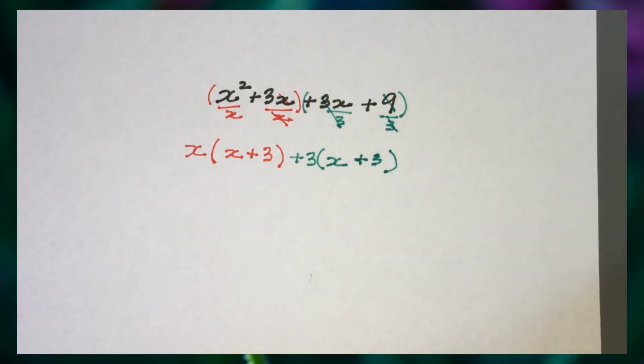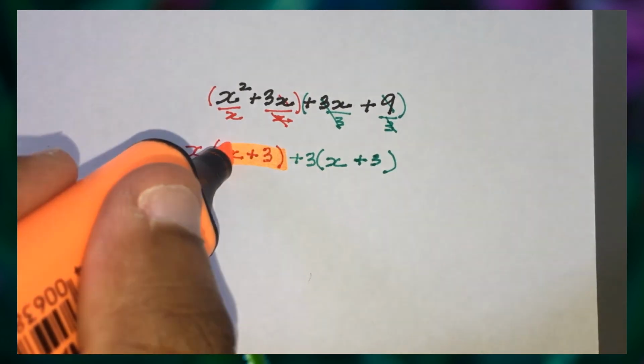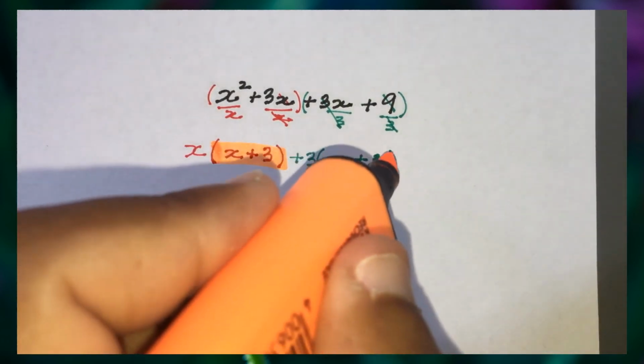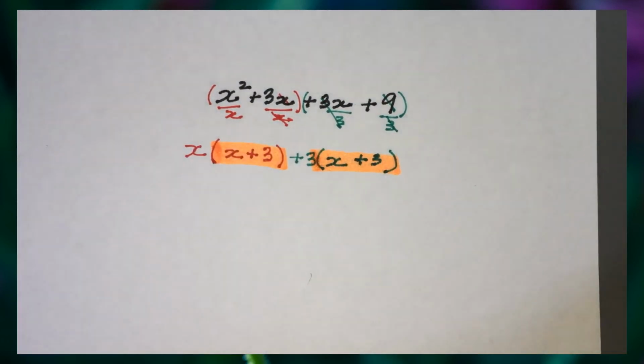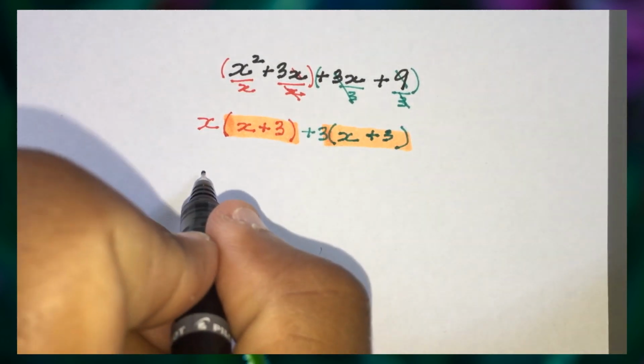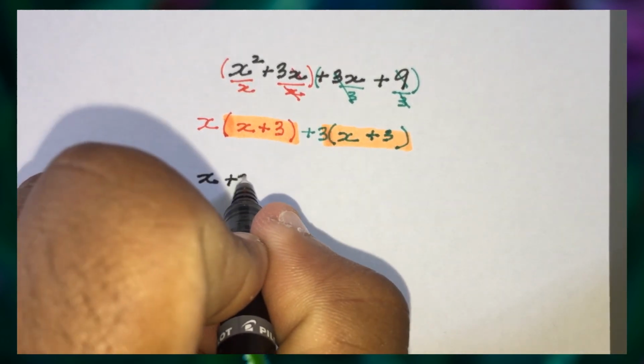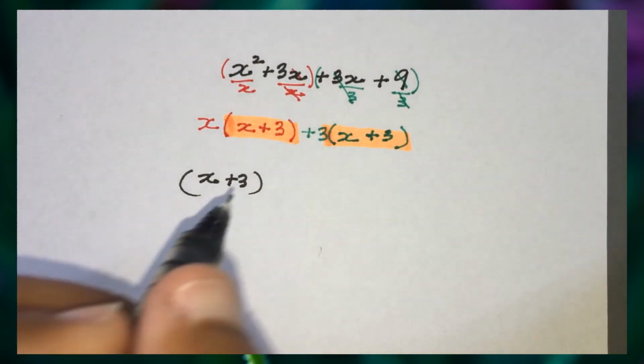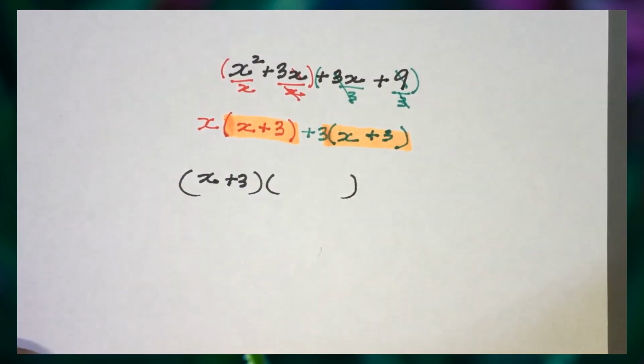If you look at the brackets, this bracket, x plus 3, and this bracket, x plus 3, that means we can go ahead and factorize by the brackets because the brackets are common. So I'm going to have x plus 3, and then I'm going to open up a new bracket now.